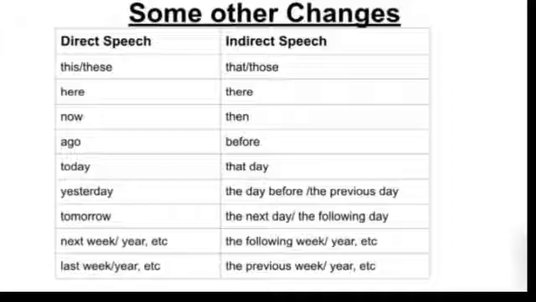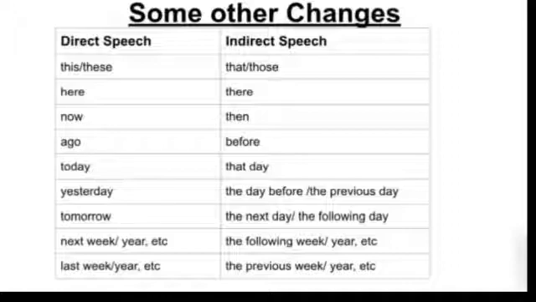Next one, the words showing time and place also change. Nearness of time and place in direct speech changes to distance of time and place in indirect speech. Look at the examples. This, these change into that, those.